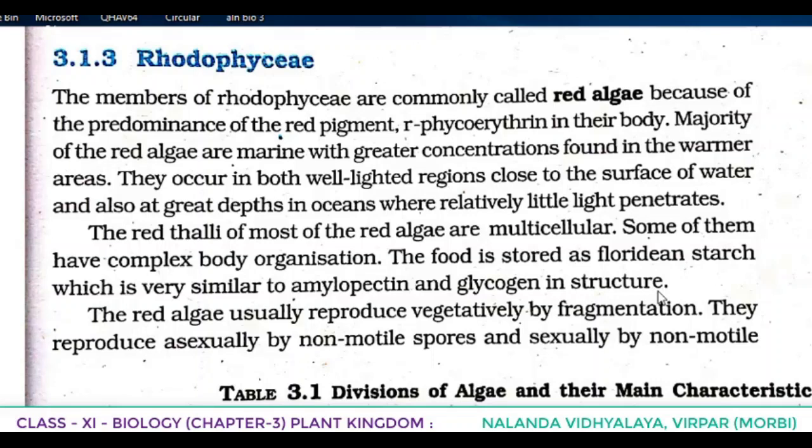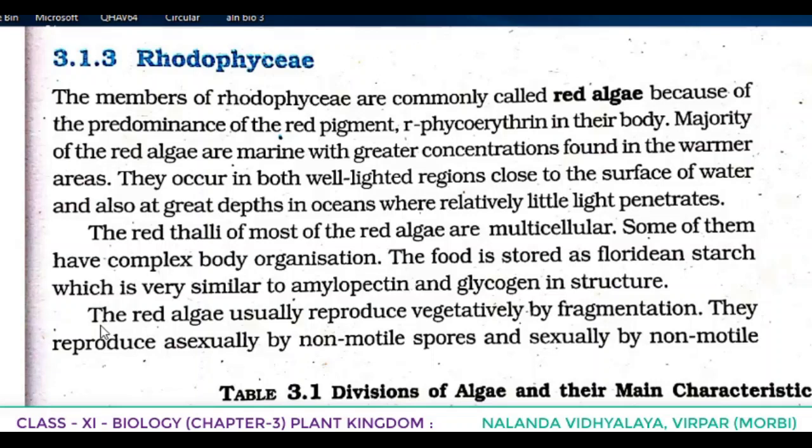Once again, see what point we are saying. When we are doing the classification of algae into mainly three classes, that is Chlorophyceae, Phaeophyceae and Rhodophyceae, mainly three criteria were considered. One, the main pigment present. Another one, how the food is stored, in which form.